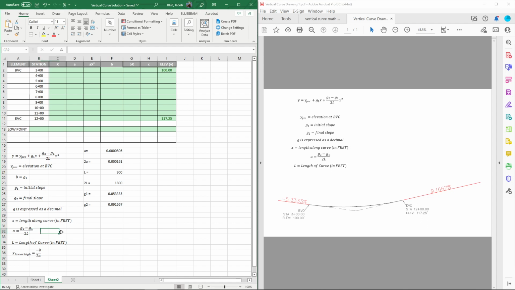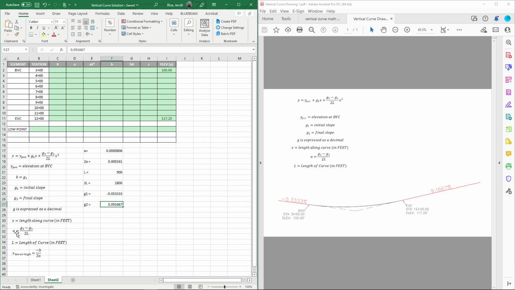So A is our outgoing slope minus our incoming slope divided by 2 times the length of the curve. The length of the curve, L, again, is 900 feet. And so 2L must be 1,800 feet. I'm just putting these over here so I can use Excel to do the calculations for me. And then, again, incoming grade, outgoing grade.